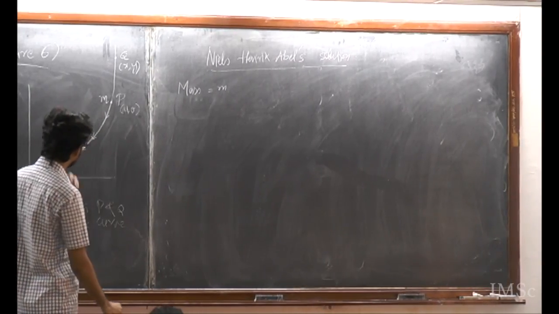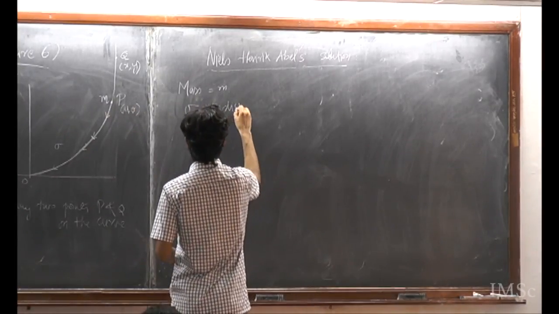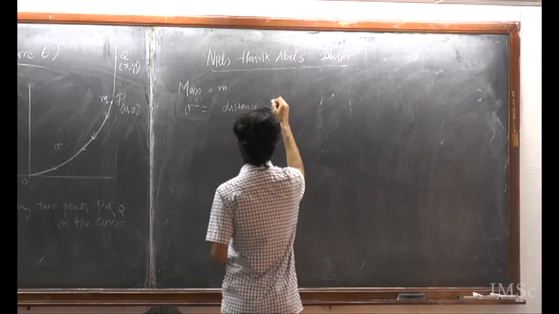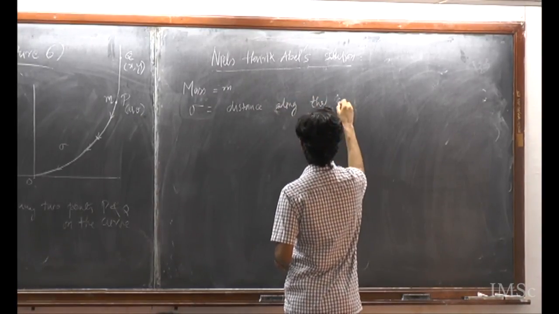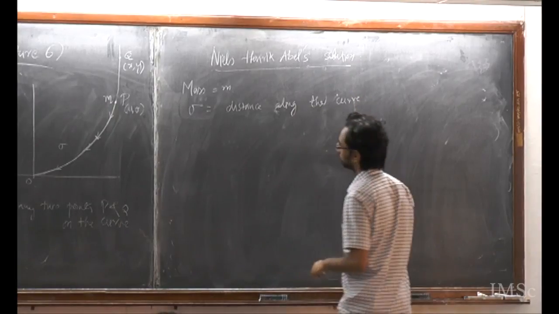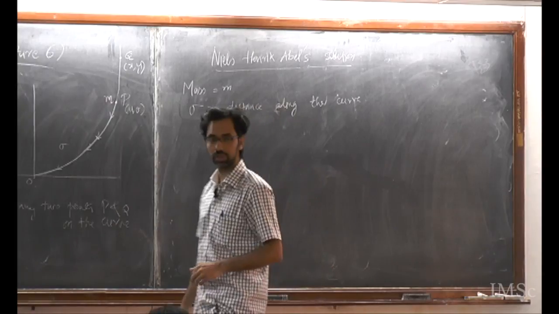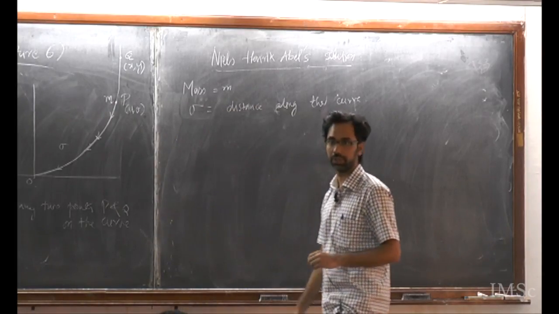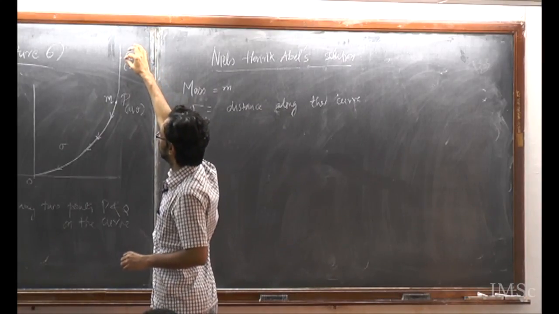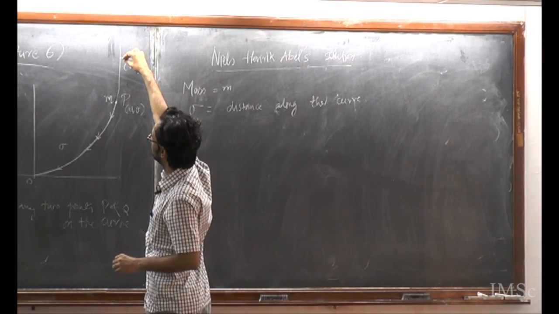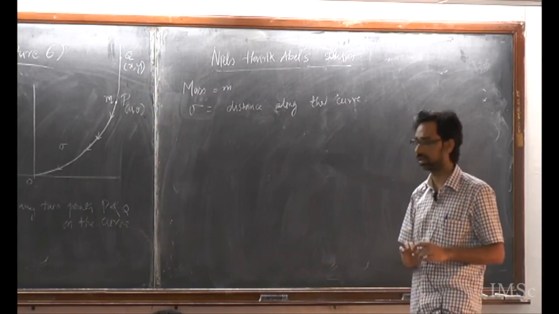So sigma is the distance along the curve. So we use the law of conservation of energy. Suppose that the bead is released at Q with rest velocity. There is no initial velocity.